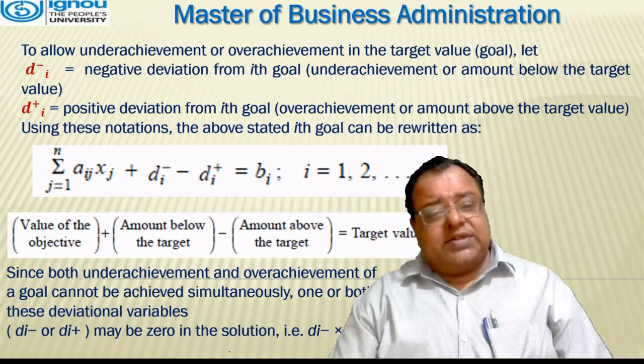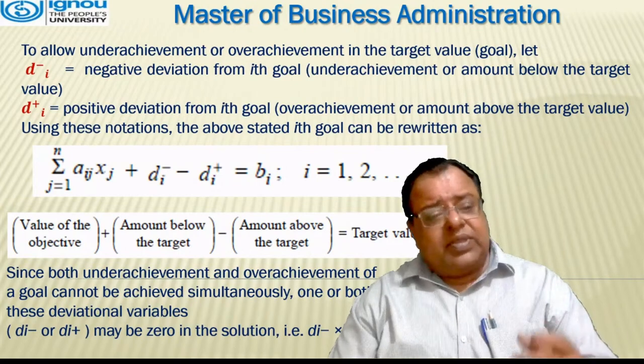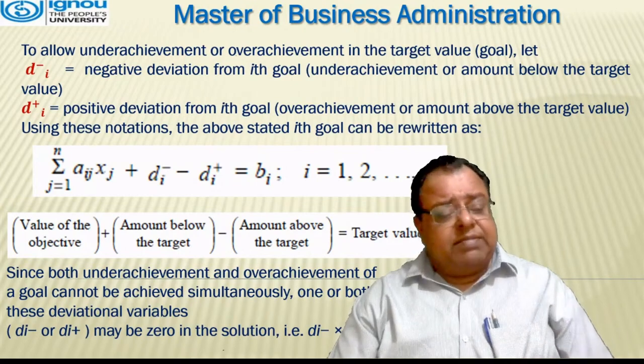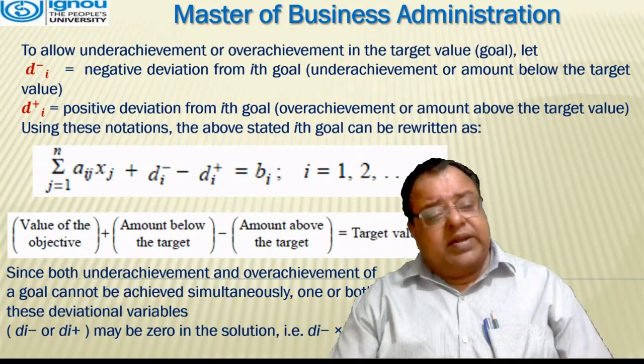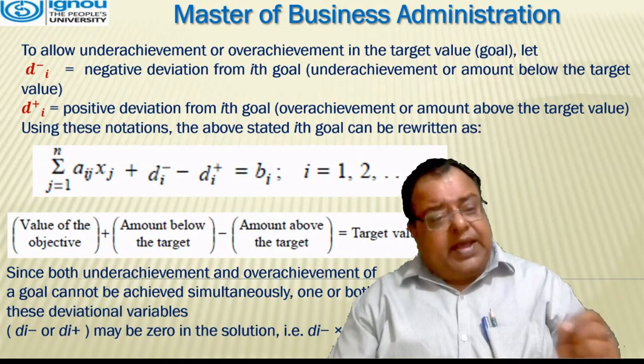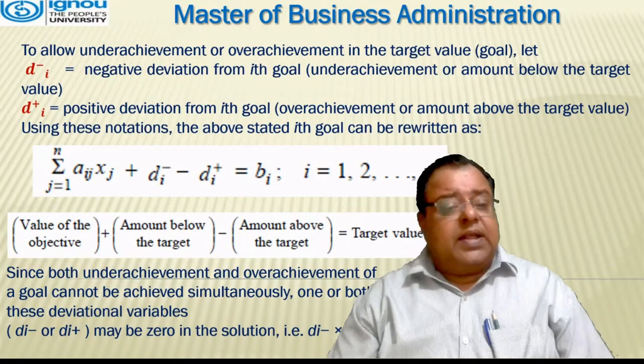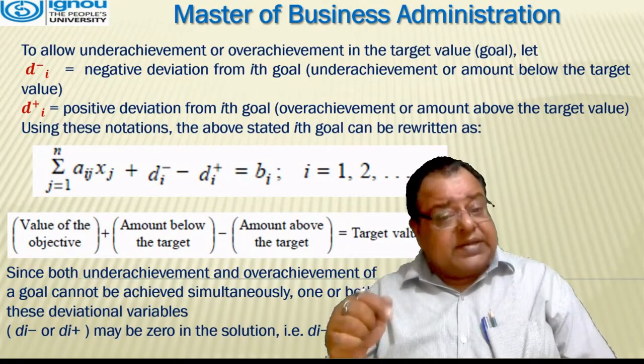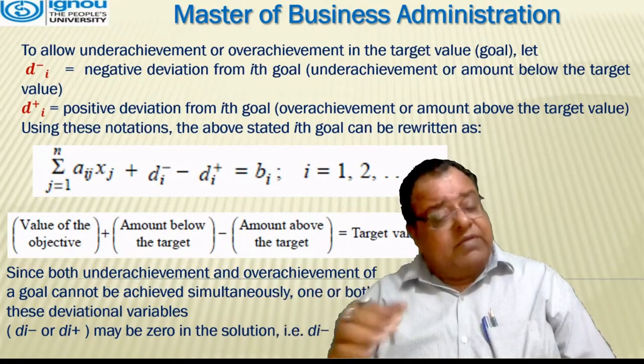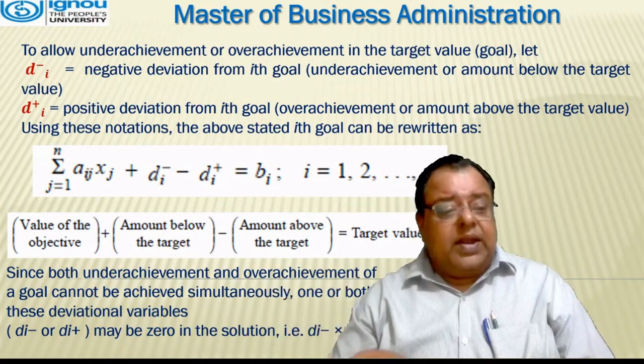Using these notations, the goal can be rewritten as the summation of j equal to 1 to n of aij times xj plus di minus minus di plus, which is equal to bi, where i is 1 to n.